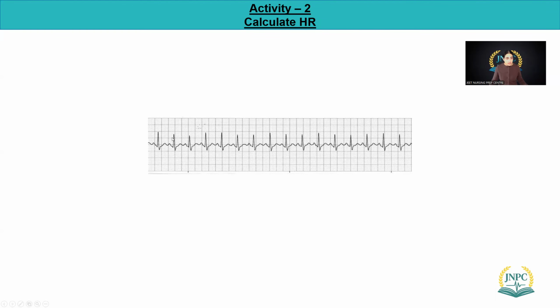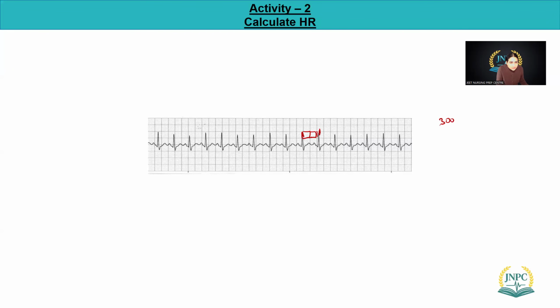And from R to R, ask yourself, is the gap the same? Yes, the gap is the same. It is regular. It is sinus rhythm. Now calculate, try to find those big boxes here. So we have one big box, and slightly here and slightly here.